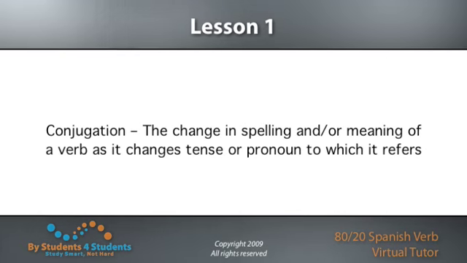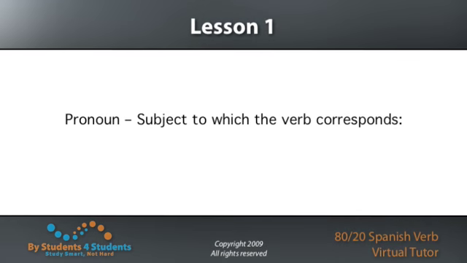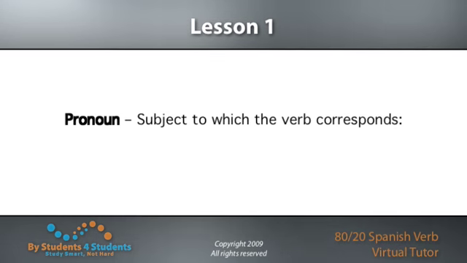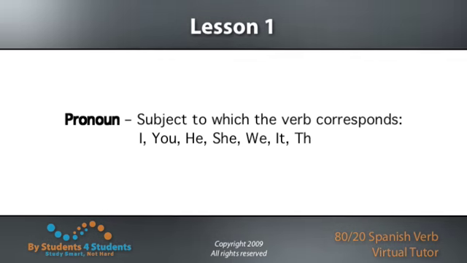Conjugation is an important word. When I say conjugation, I refer to the way that a verb's spelling and meaning change when a verb changes tense or pronoun. When I say pronoun, I refer to a subject to which the verb must correspond, such as I, you, he, she, we, it, and they.